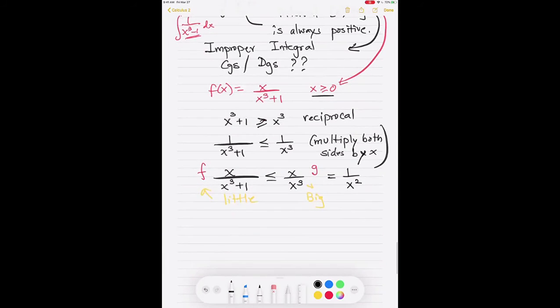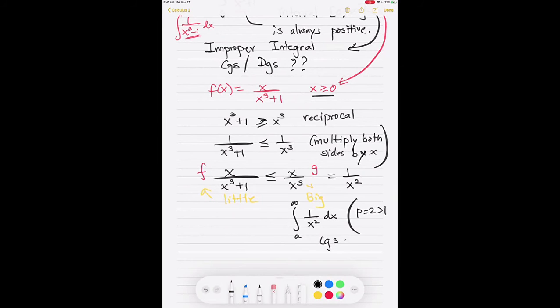And now what can I say about the integral from a to infinity of 1 over x squared dx? Well, by that theorem or rule that we did, as you point out, Karan, you're going to say, okay, p equals 2 is greater than 1, so I know this converges.